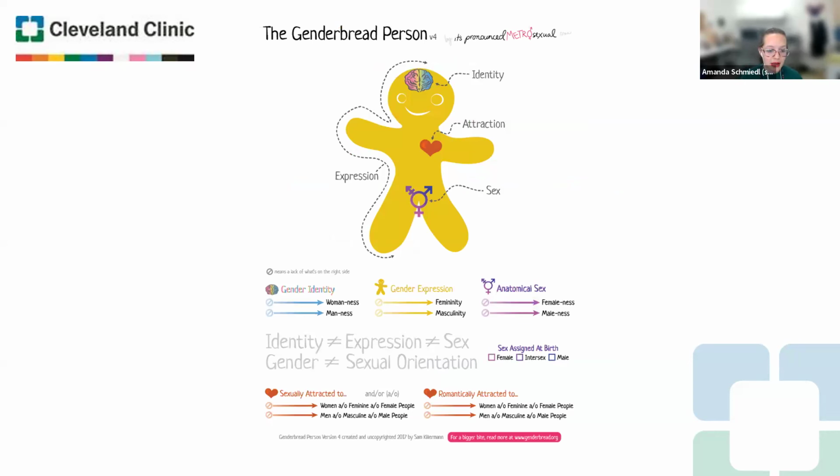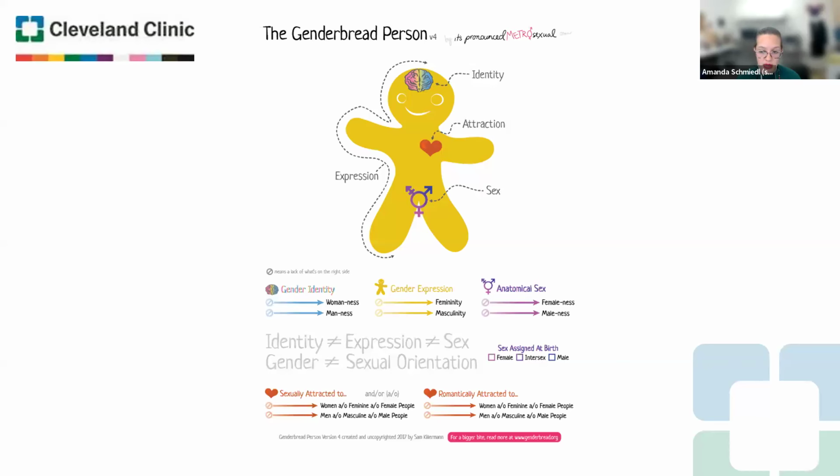And then here we have the genderbread person by a nonprofit group called It's Pronounced Metrosexual. It really helps us understand the difference between sexual orientation and gender identity, which is important when it comes to your care within the healthcare system. So your gender identity is a person's internal sense of being.